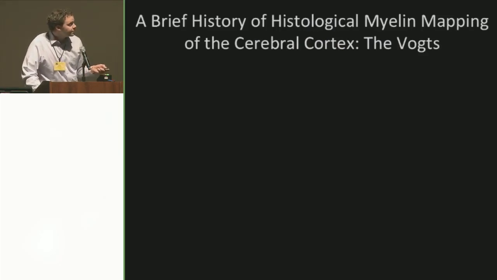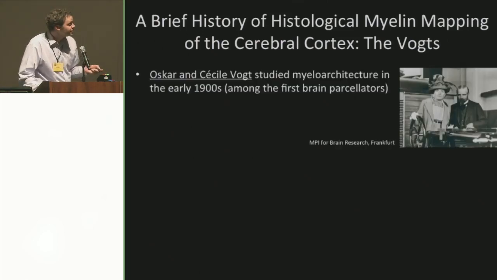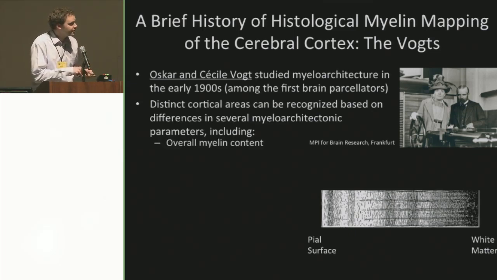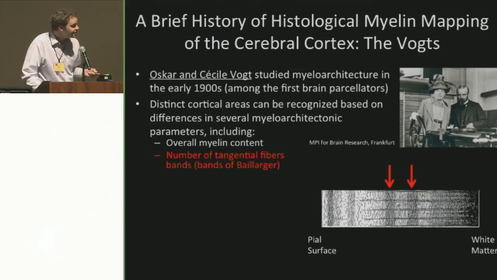So very briefly, a historical perspective on myelin mapping of the cerebral cortex. It actually goes back to the Vogts, Oscar and Cécile Vogt, who were among the first brain parcellators. They recognized distinct cortical areas based on differences in several myeloarchitectonic parameters, including the overall myelin content, which would be sort of like the average of this entire histological slice here, the number and strength of the tangential fiber bands, the bands of Baillarger, and the density of radial fibers, which are these that are coming up from the white matter towards the pial surface.